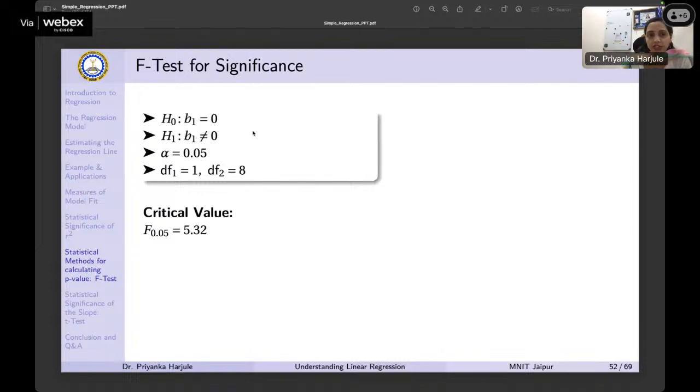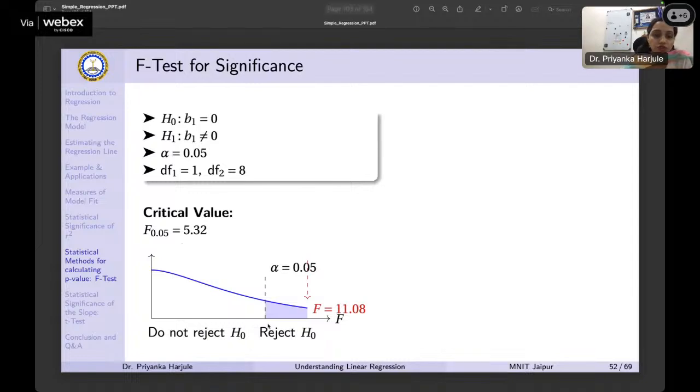You reject the null hypothesis. So this is the whole idea of setting the threshold and looking at the p-value, and then making the conclusion.